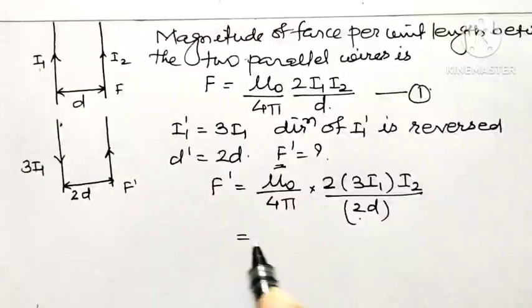So that is equal to mu 0, here 3 and 2 can be taken outside, 3 by 2.